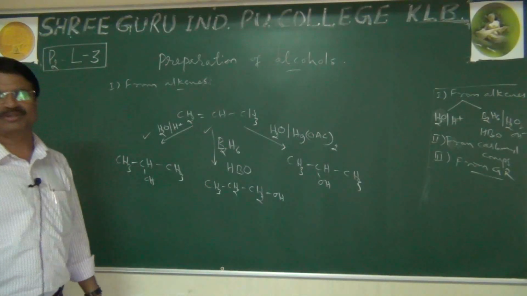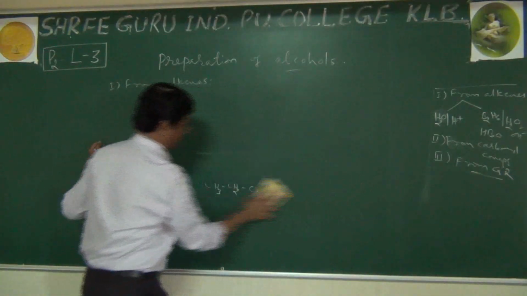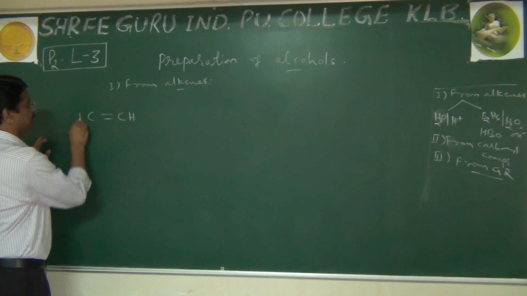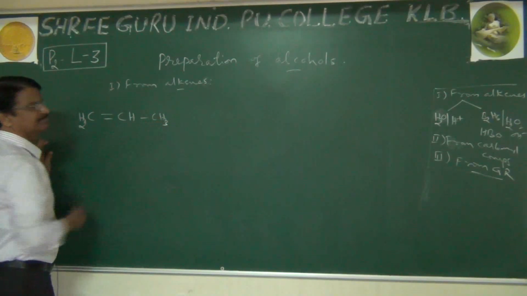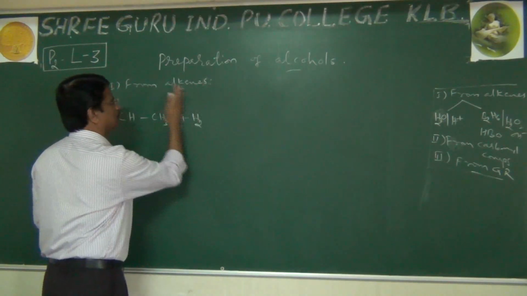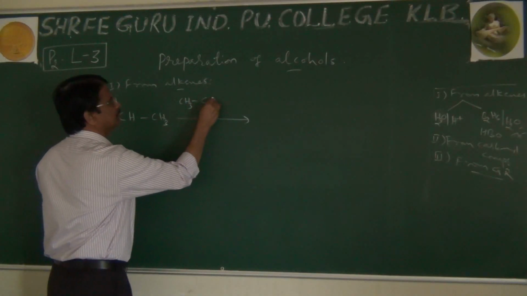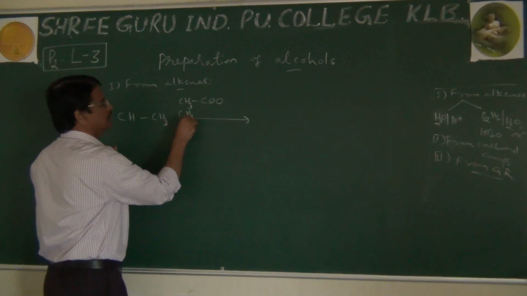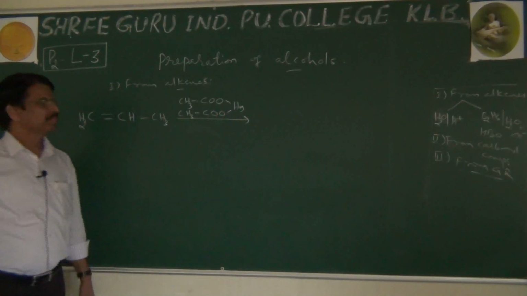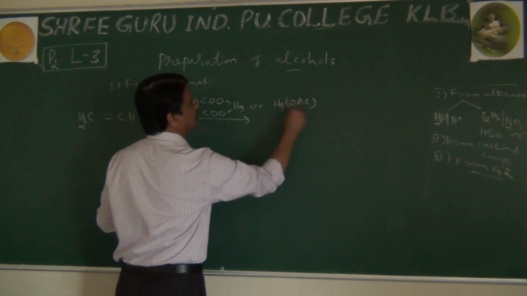That is called oxymercuration, demercuration. Propene, CH2=CH-CH3, plus H2O, plus Hg(OCOCH3)2, or we can write this as Hg(OAc)2.